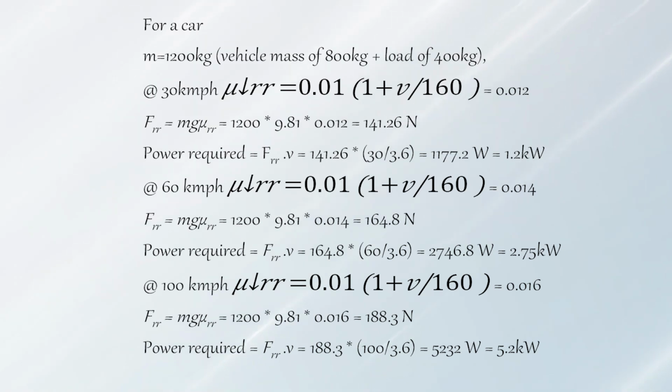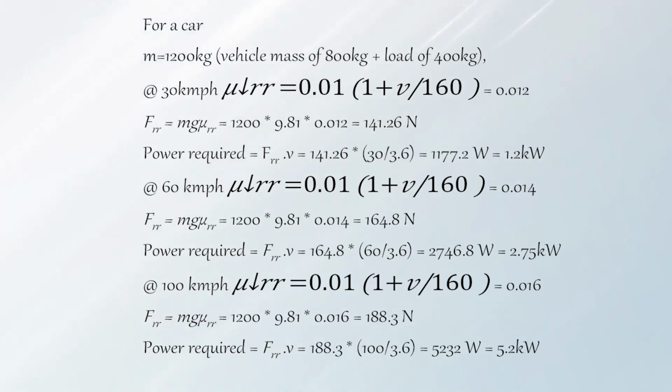Now, if you calculate FRR, which is m g mu rr, m is 1200, g is 9.81 and mu rr is 0.012, the force required is 141.26 Newton and the power required will be 1.2 kilowatt. Remember, whatever power we are calculating now is only the power to overcome the rolling resistance.